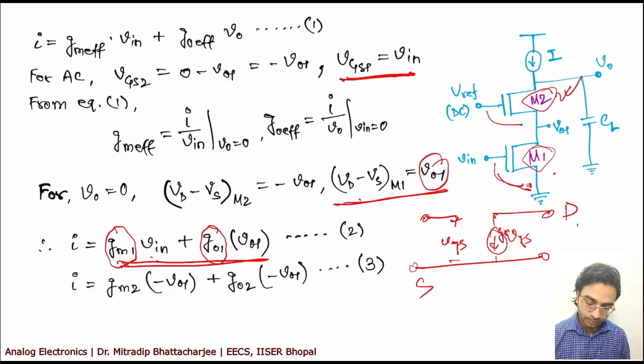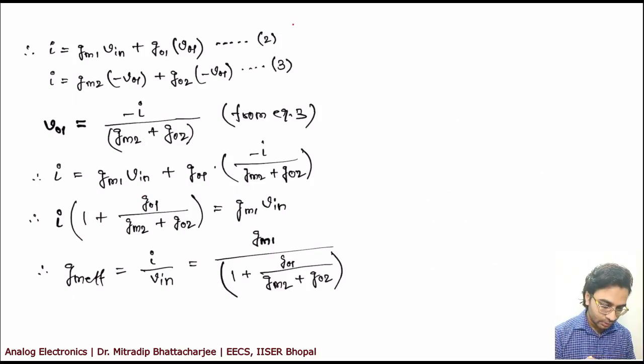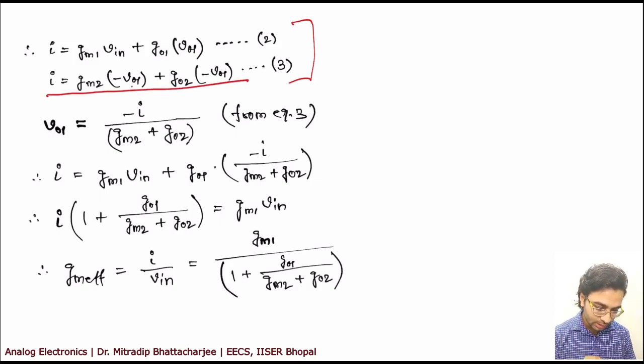Similarly for M2, you will find GM2 into minus V01, because for M2 it is minus V01, so you put minus V01, and at the output your VDS value is also minus V01, so it's GO2 into minus V01. Okay, so let us take this equation to the next slide. I have just written equations 2 and 3 here, that I just derived. So what is the value of V01 from this equation 3?